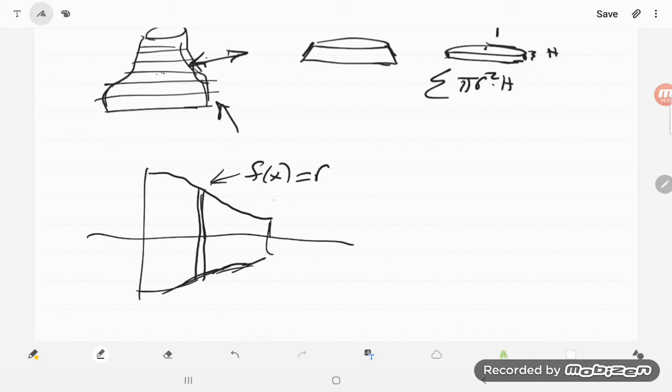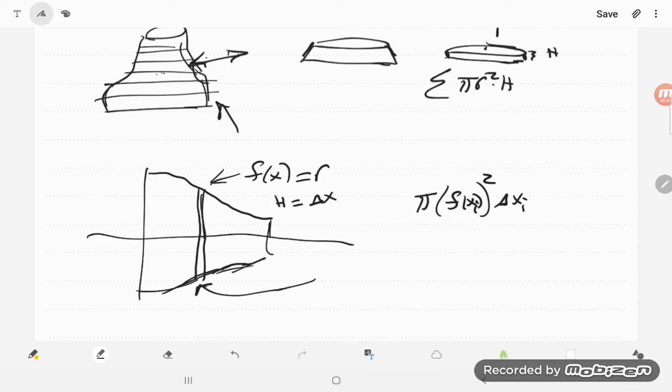And the height I had, that h, is a delta x for some piece in there. So this one slice is going to be pi f of x squared times delta x. And that's one of them, so I could put an i on that.